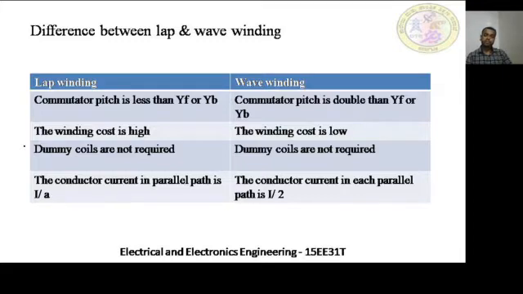But in case of wave winding, there are only 2 parallel paths. So in each parallel path, the current is I by 2.